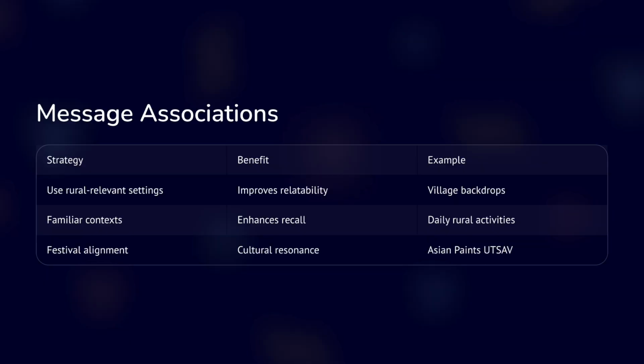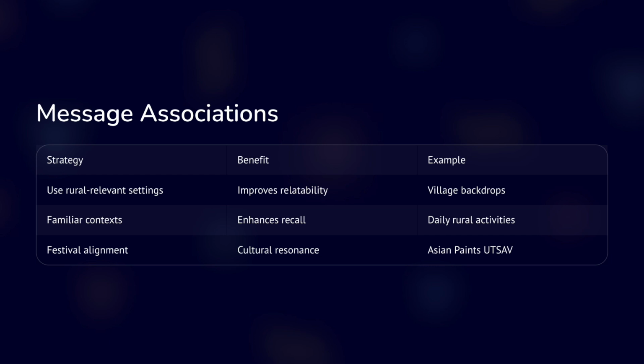Contextual associations are powerful. They enhance understanding and generate interest in a product. Advertisements that feature rural relevant settings tend to have a much deeper emotional impact compared to those using urban backdrops.